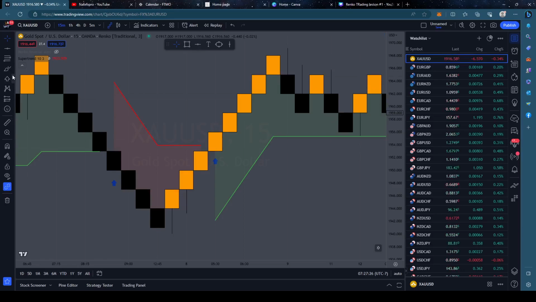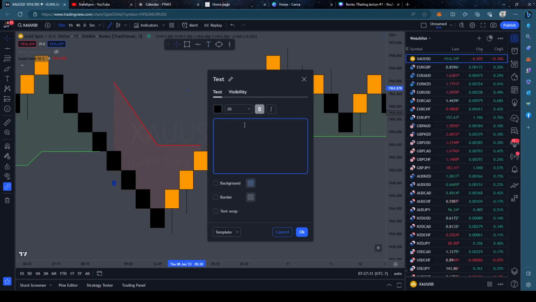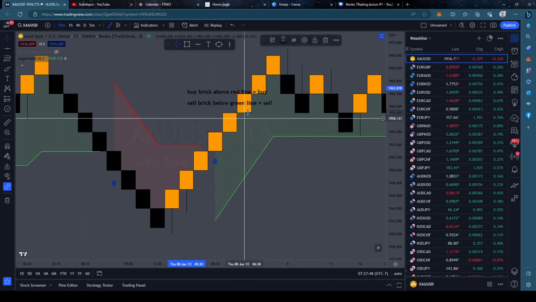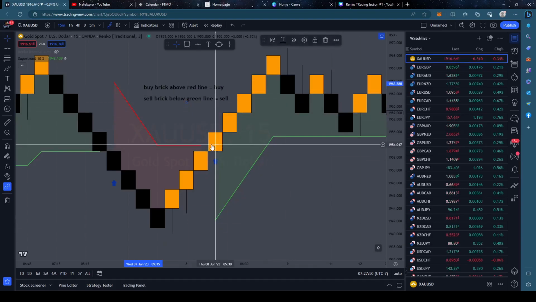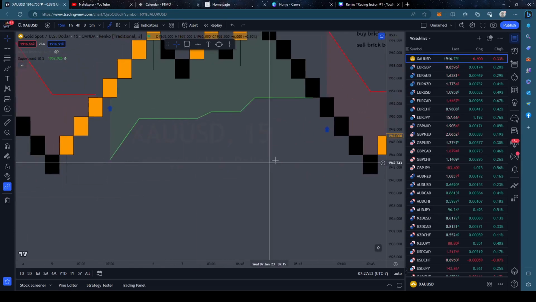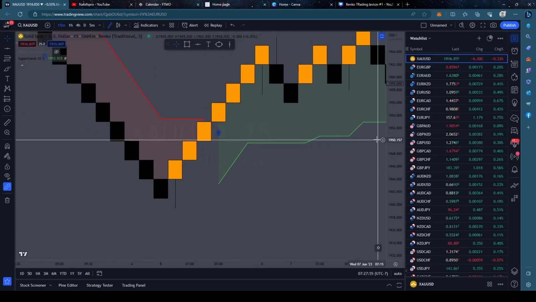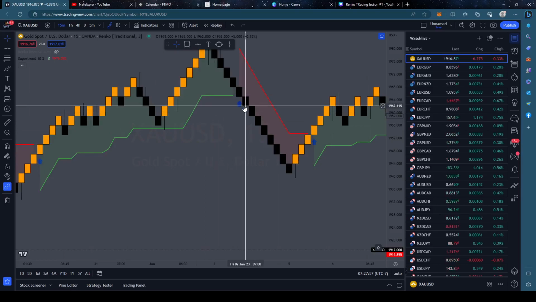So it's basically, let me type it out for you guys. Buy brick above red line equals buy. Sell brick below green line equals sell.